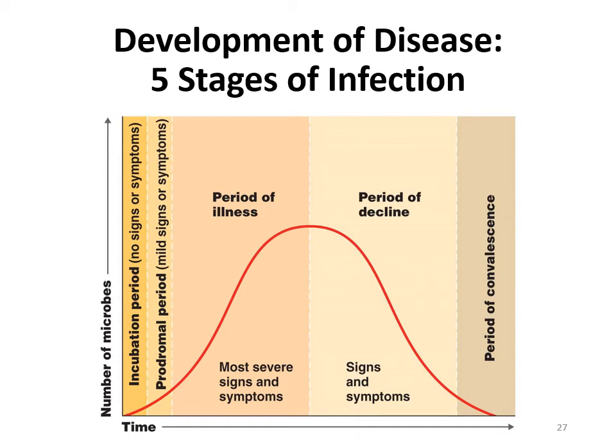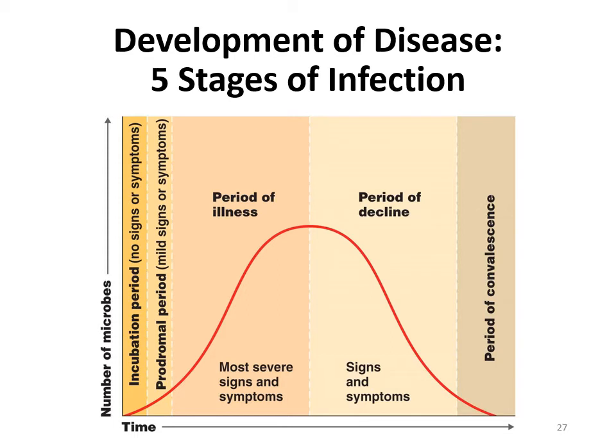Okay, but I want you to put a star next to the period of decline and write that even though you start to feel better, this is when you can acquire secondary infection. Okay, so for period of decline, write down that you can acquire a secondary infection. Okay, why is that?